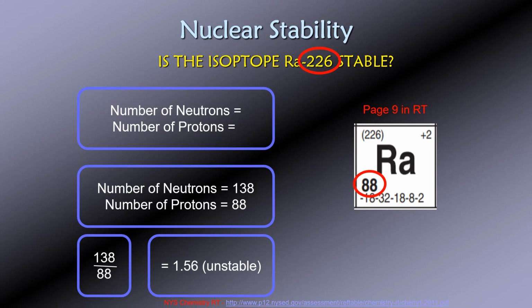So this is how you figure out if an isotope is stable or unstable using the neutron to proton ratio. Now, another hint for this example that should point towards the instability of this isotope is that notice the atomic number, or the number of protons. That number is greater than 83. So that should point towards an unstable isotope.